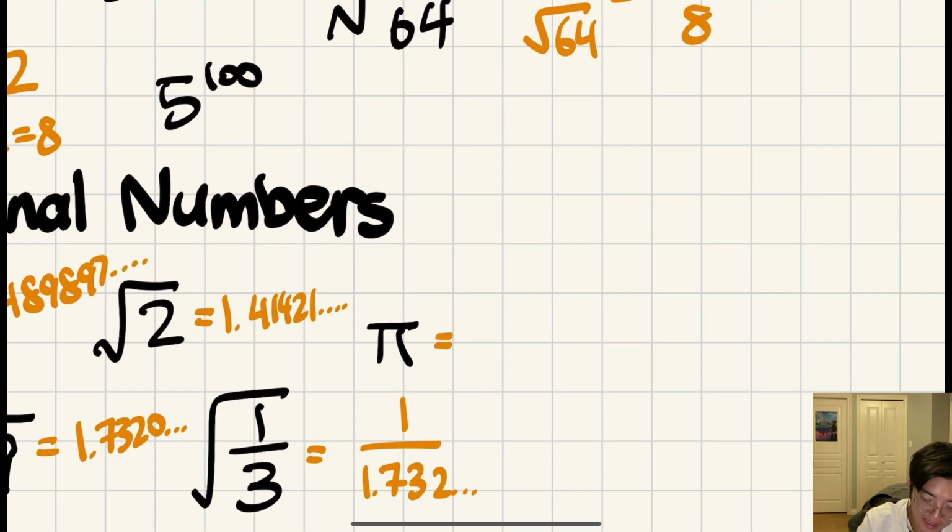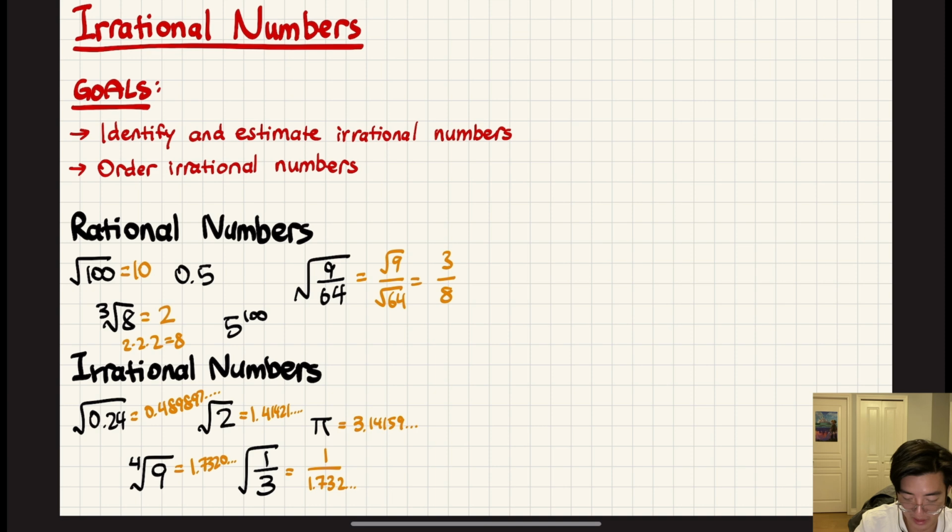And of course, this one's not very disgusting, this one's pretty beautiful: pi. 3.14159, and so on, goes on forever. As you can notice here, the biggest difference between the rational and irrational numbers is that the rational numbers have a nice whole number or a nice clean decimal, and the irrational numbers have decimals that go on forever.